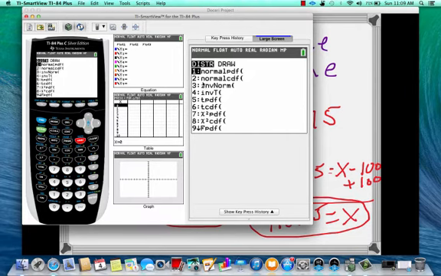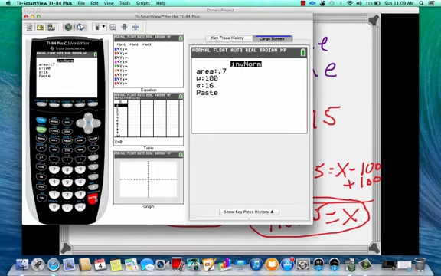Now, when I first started learning this program, I was trying to actually click on the one I wanted to go to. It ain't going to happen. So what you need to do, like a regular calculator, is just scroll down to inverse norm. Once you scroll down to that, or hit the number 3, you'll go to this.